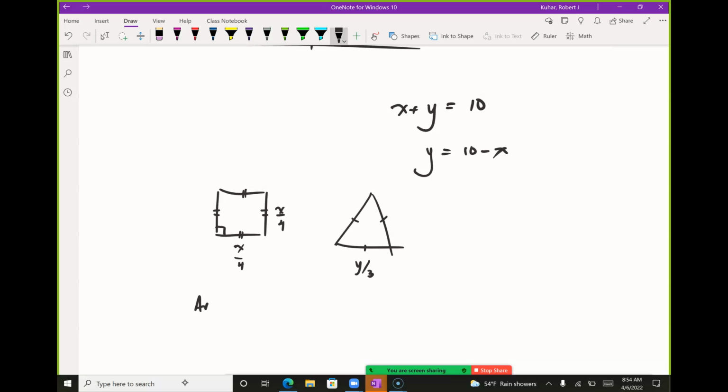An area for the square is X over 4 quantity squared. The area for the equilateral triangle was square root of 3 over 2 times Y over 3 squared. I had put cubed in accidentally. Let me just double check that real quick.